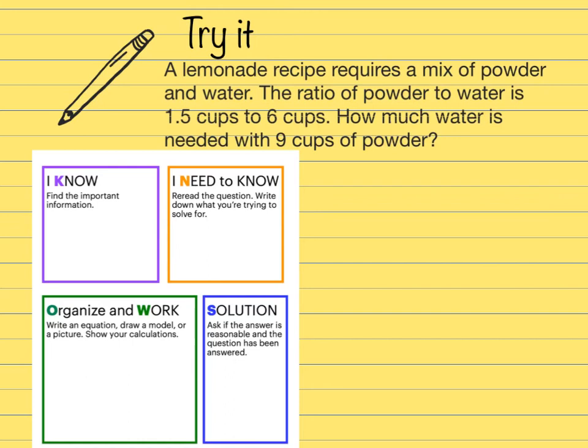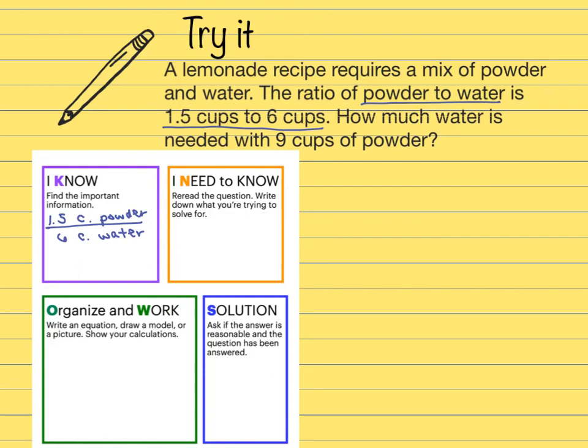A lemonade recipe requires a mix of powder and water. The ratio of powder to water is 1.5 cups to 6 cups. That's the important information that we know. 1.5 cups of powder for every 6 cups of water.